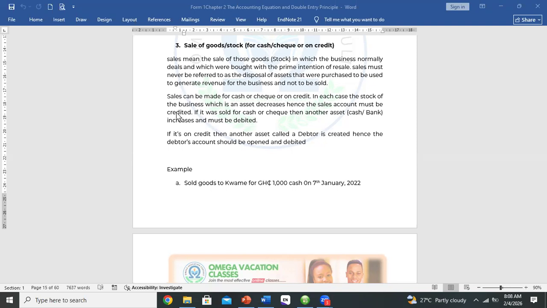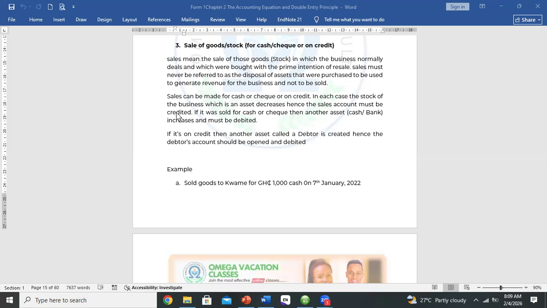Okay, so if you listen carefully to what he read, a business selling goods. We need to first understand that what a business calls sales refers to the exchange of the items which the business was set up to do.